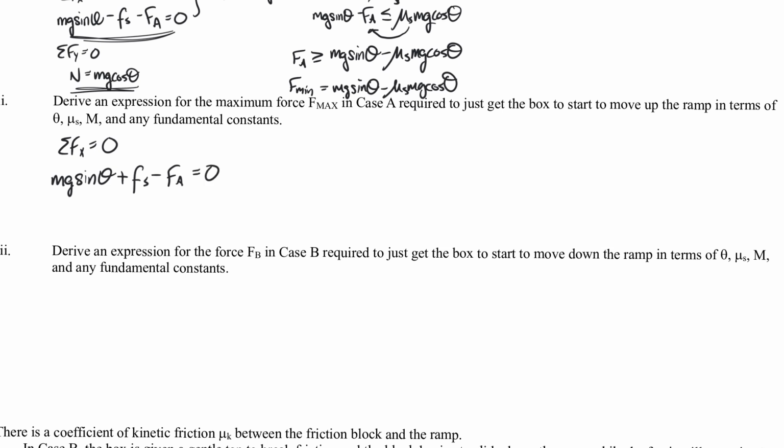I'm going to do the same thing. I'm going to solve this for the static frictional force. I'm going to substitute this in for friction in my inequality. Nothing has changed in the other direction.